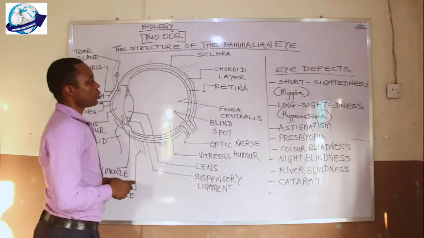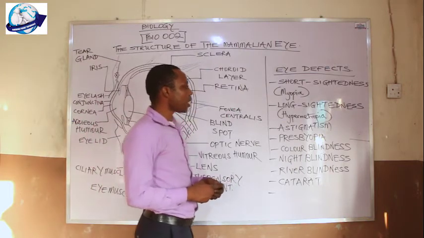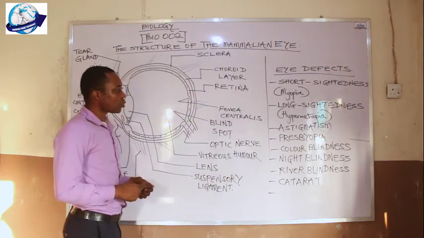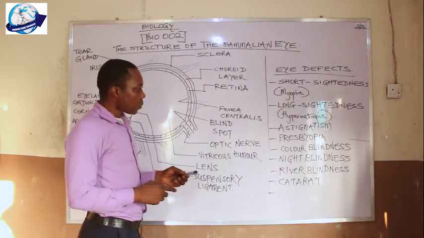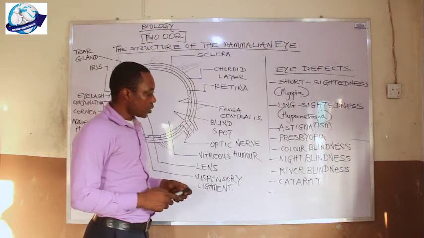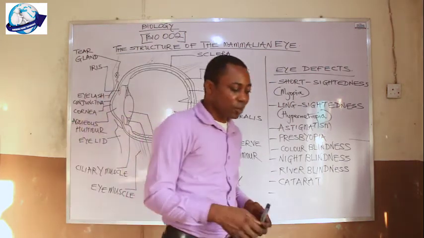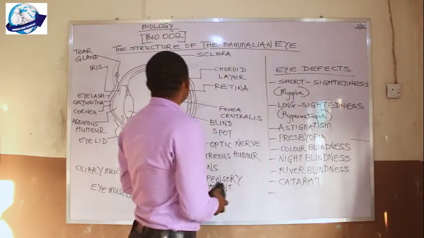But the major ones we need to look into are short-sightedness as myopia, long-sightedness as hypermetropia, astigmatism, presbyopia, color blindness, night blindness, river blindness, cataract, glaucoma and so on. Let's look at some of them very quickly.